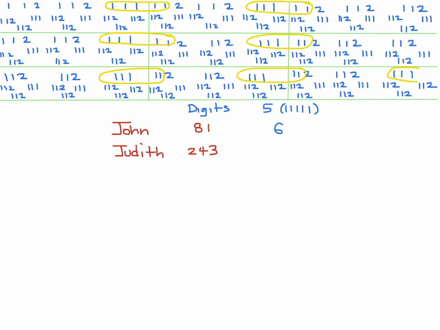Okay? Now let's look at Judith. I've written out 243 for her, so it should be more, right? It should give us a better idea. Okay, let's see here. 5 consecutive ones. There's 1, 2, 3, 4, 5, 6, and then this one is 7.